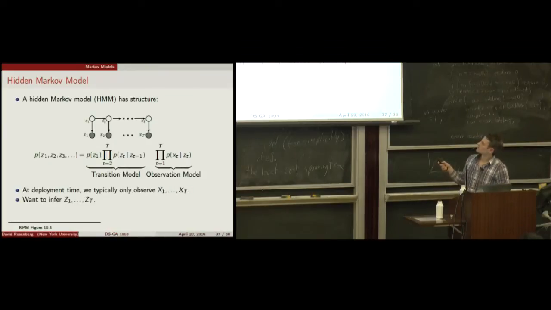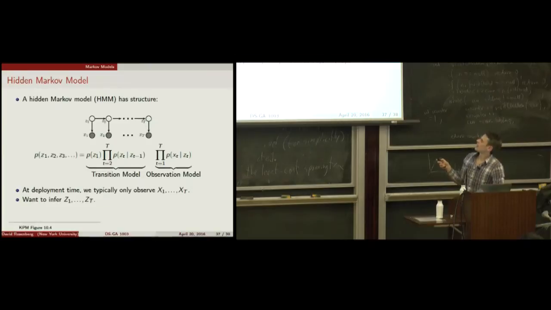So the question is: we've observed x1, and then we observe x2. Does x2 give us any more information about z1 once we already observe x1? What's the independence? Is there independence between what and what? Z1 and x2, yeah, exactly.